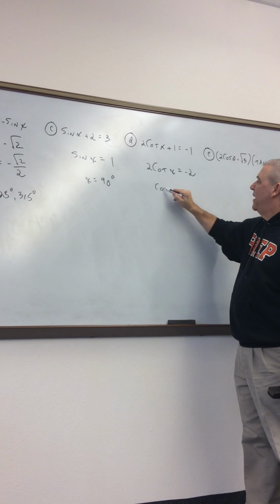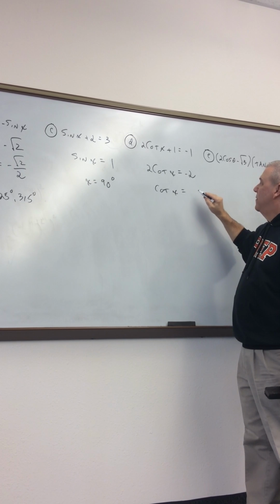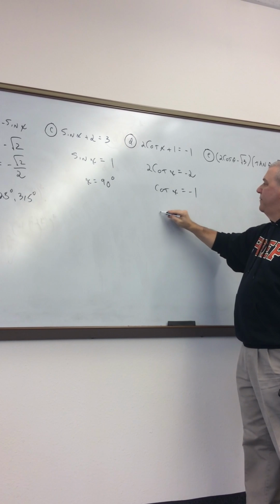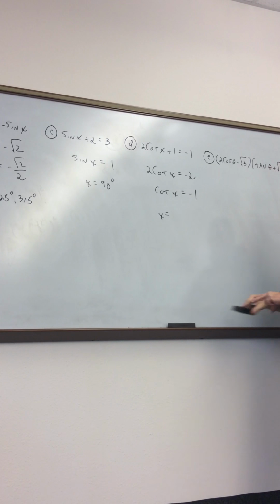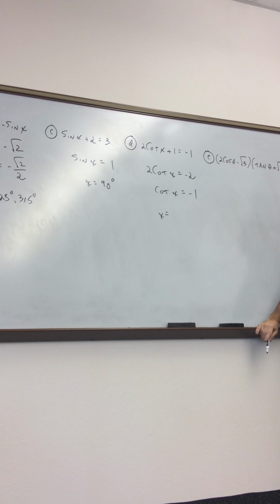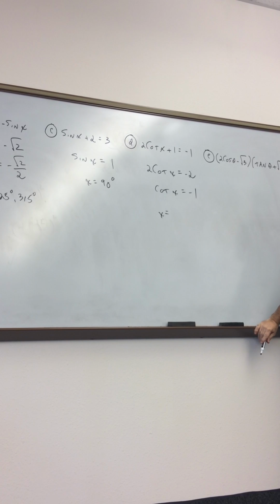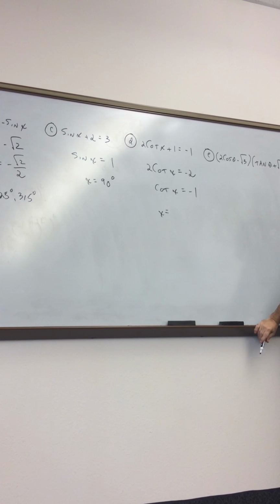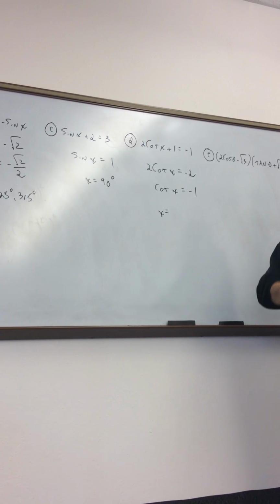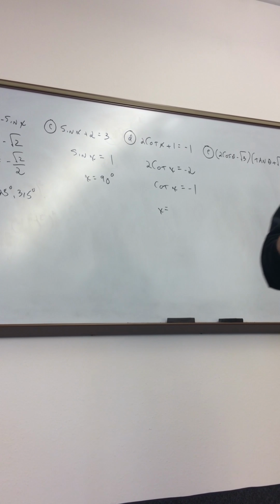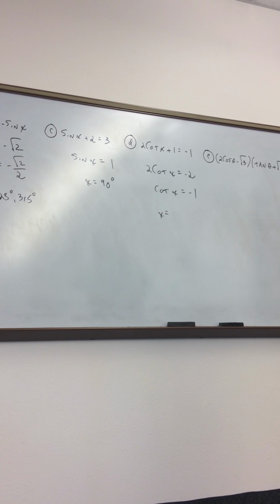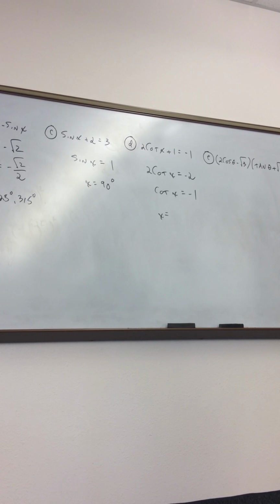So cotan of x equals negative 1. It's negative. So before you can give me the answers, you got to know what the reference angle is first.